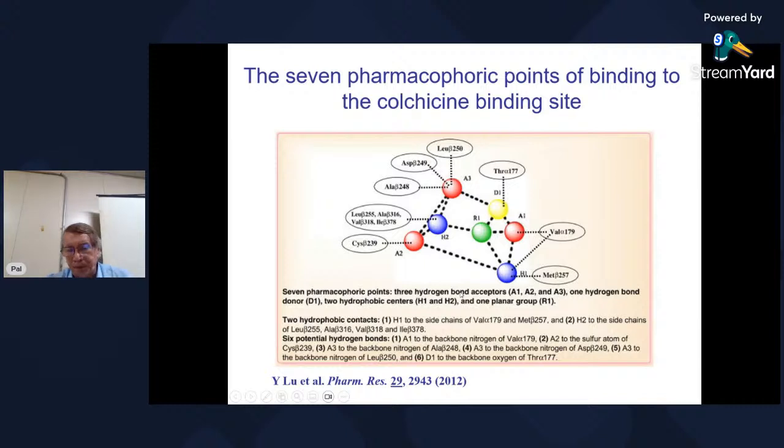So this is the molecular hint which provides the non-covalent interaction of the effective derivatives to the colchicine binding site.